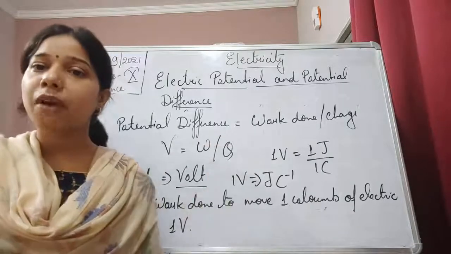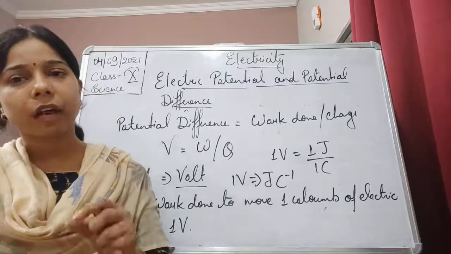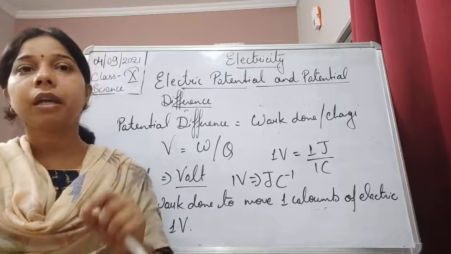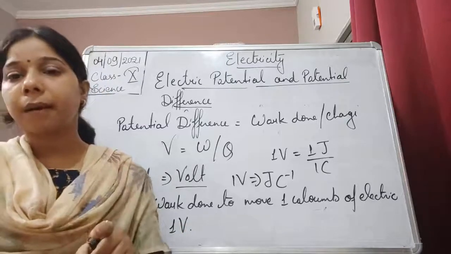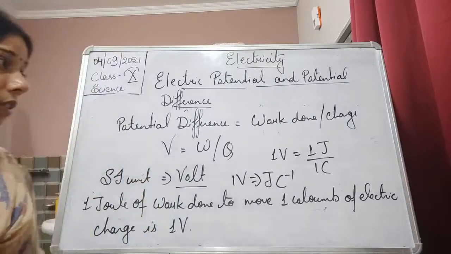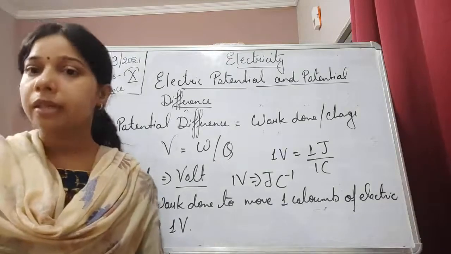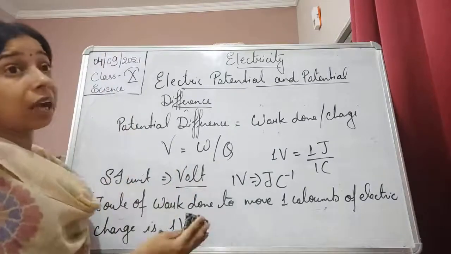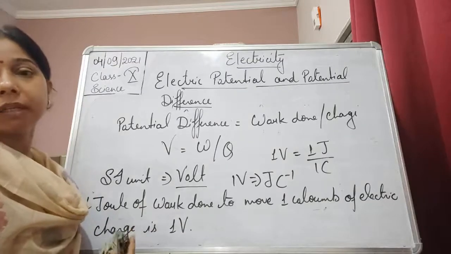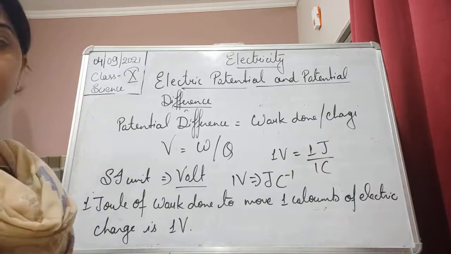Now, in case of an ammeter, we have seen that we must attach it in series, but in case of a voltmeter, remember that it is always connected parallel to the circuit. It is never connected in series. So an ammeter is connected in series, while a voltmeter is connected in parallel.